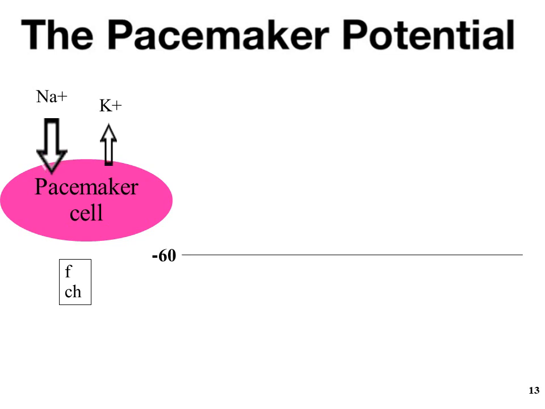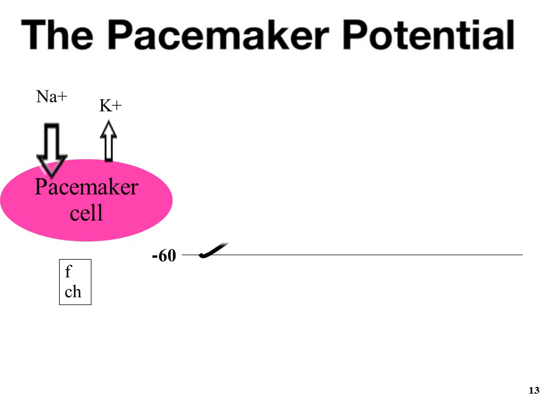So there will be sodium influx, meaning entry, and potassium efflux, meaning exit. But these channels are more leaky to sodium than potassium, so more positive charge enters the cell and the cell will gain positivity.